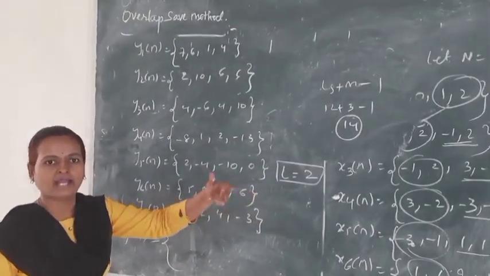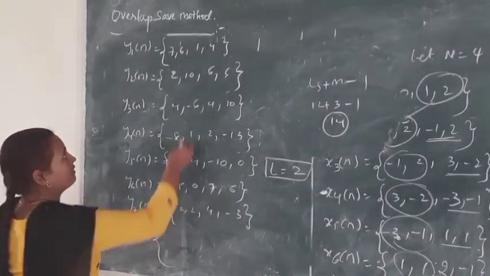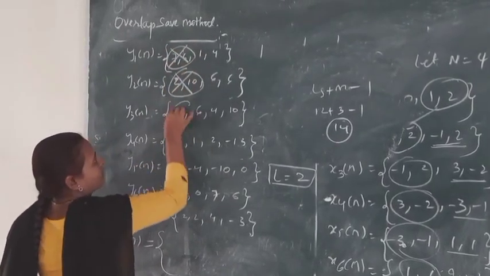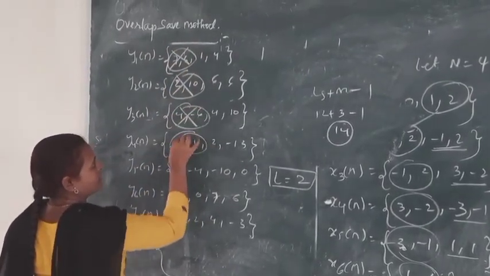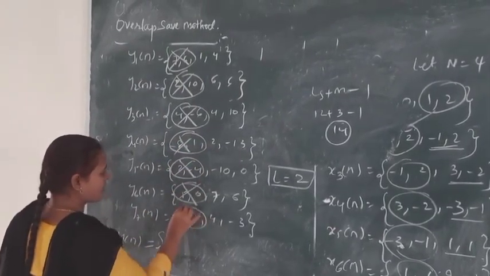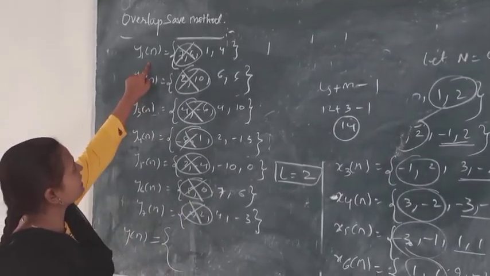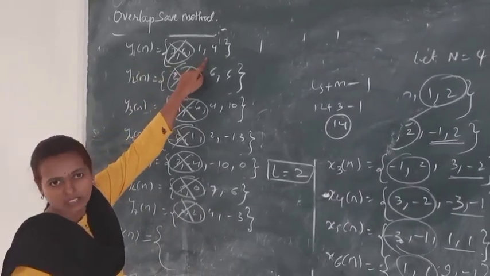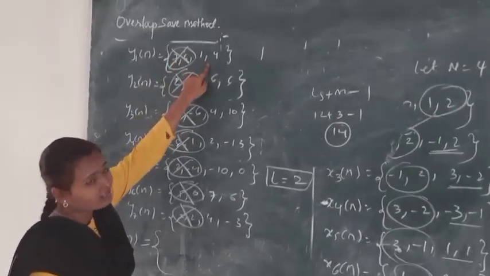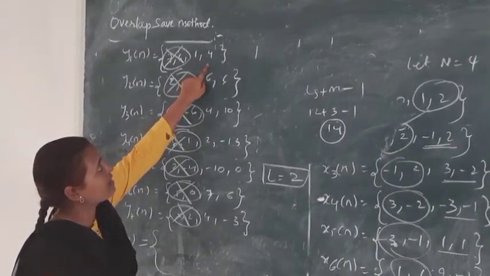We added the padding zeros, and now we have to eliminate them. We remove these, and then we consider the values present in y1 of n. After removing, the remaining values we consider are 1, 4.